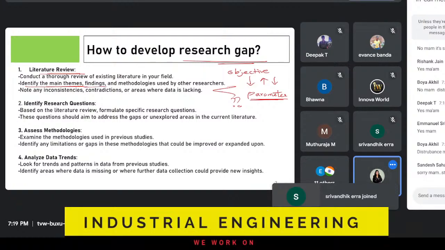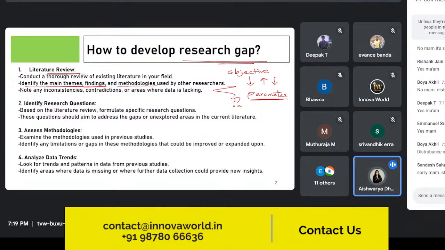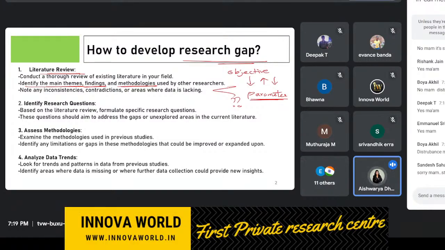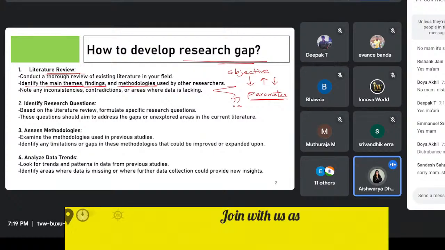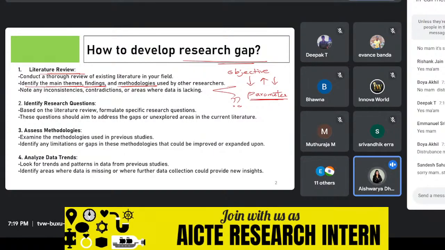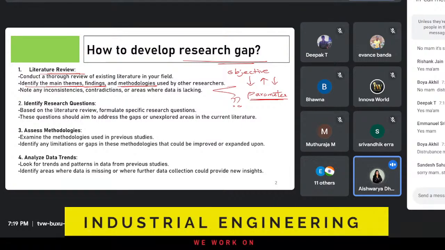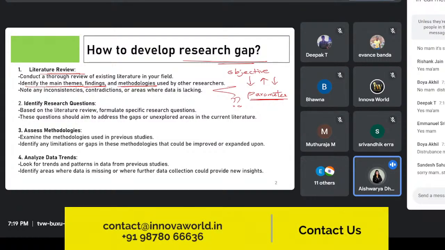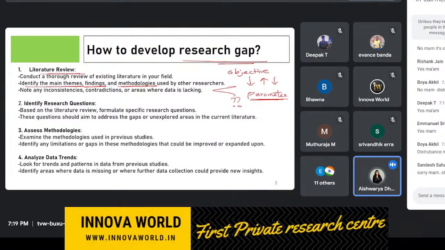Find the key findings of those studies and what methodologies they have utilized, whether artificial intelligence, genetic algorithms, regression methods, CFD, or wind tunnel. What is their key finding, what is the theme of the research? Based on your work, you have to identify and segregate it separately. That is a very important area.